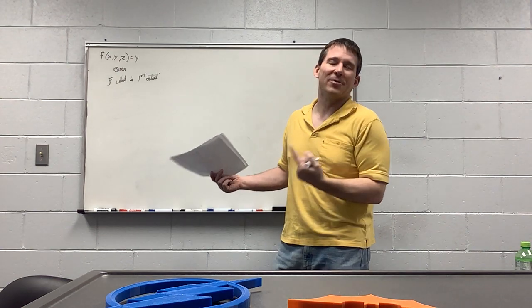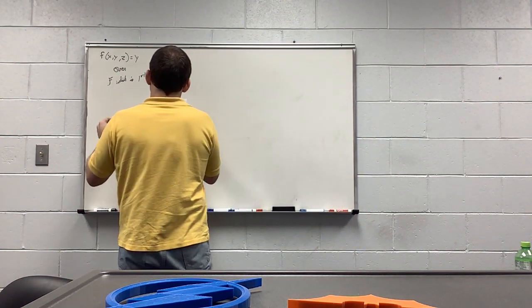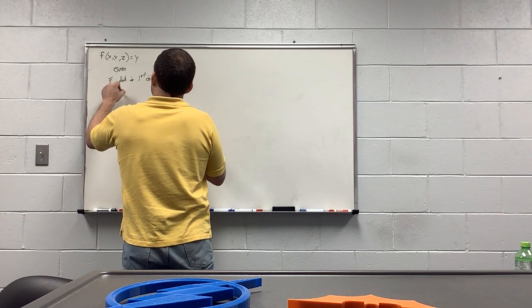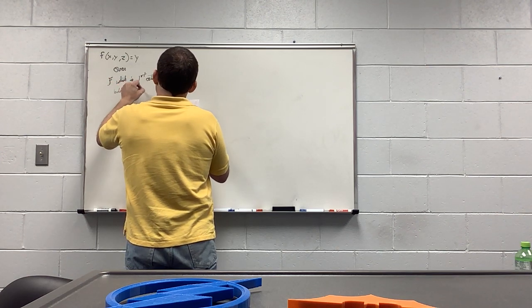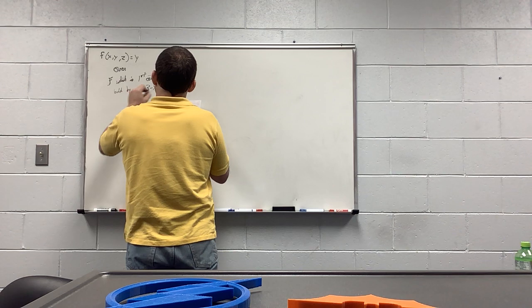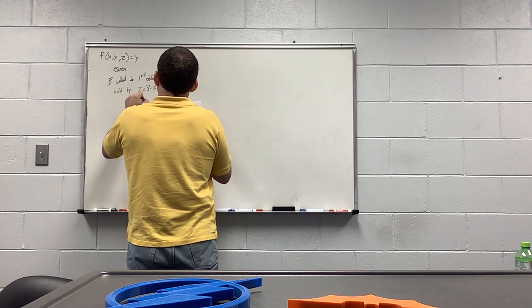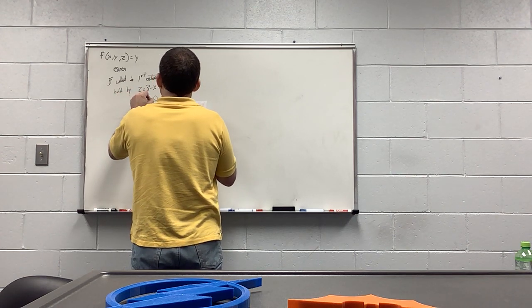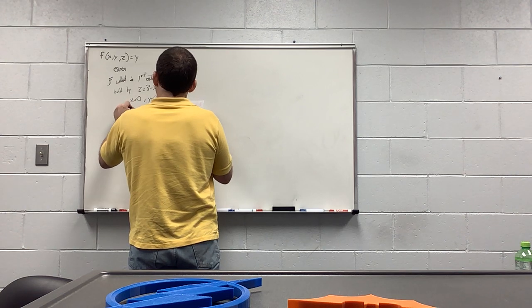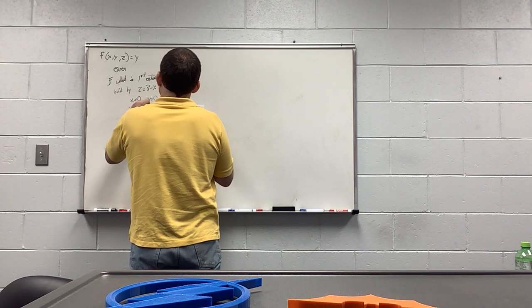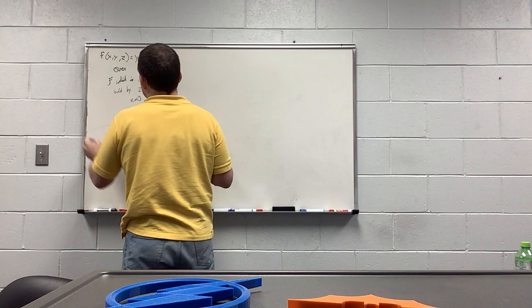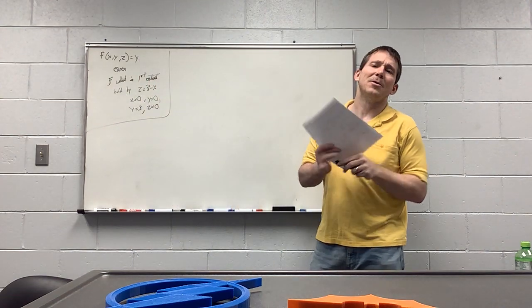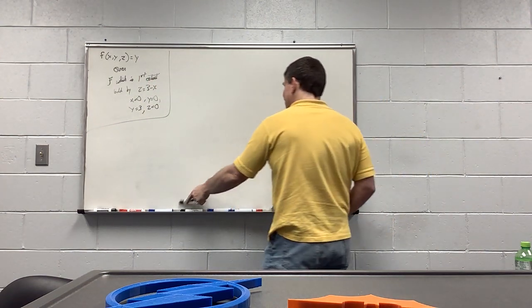I'm doing it to keep stuff positive for now, but they don't have to be by a rule. Bounded by z equals 3 minus x, x equals 0, y equals 0, y equals 3, and z equals 0. And again, the x, y, and z equals 0 bounds will drop me in the first octant.